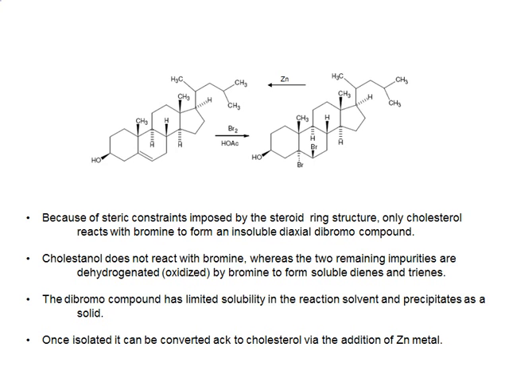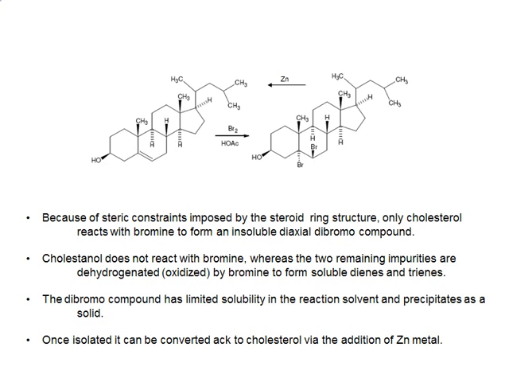Now, why do we do this? Well, it differentiates cholesterol chemically from those other two compounds, and that turns out to have a very beneficial effect. The dibromide derivative of cholesterol is very insoluble in the reaction solvent, so it precipitates out, and you can filter it off and wash the precipitate.